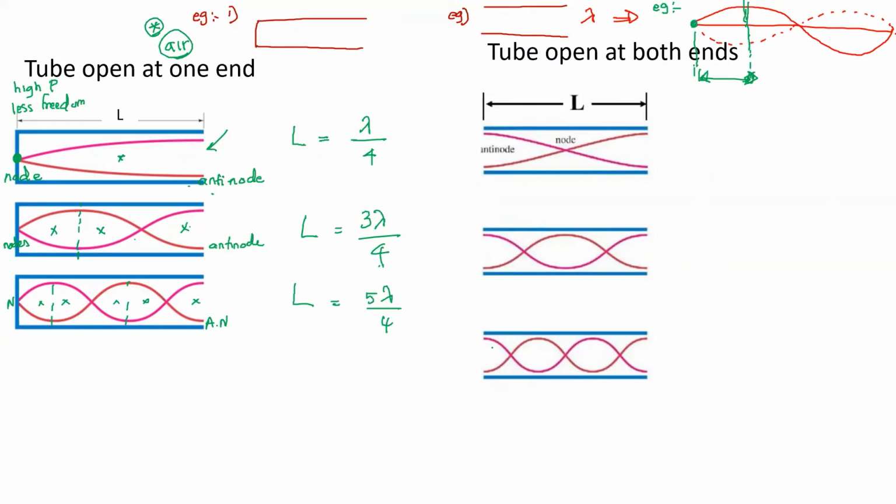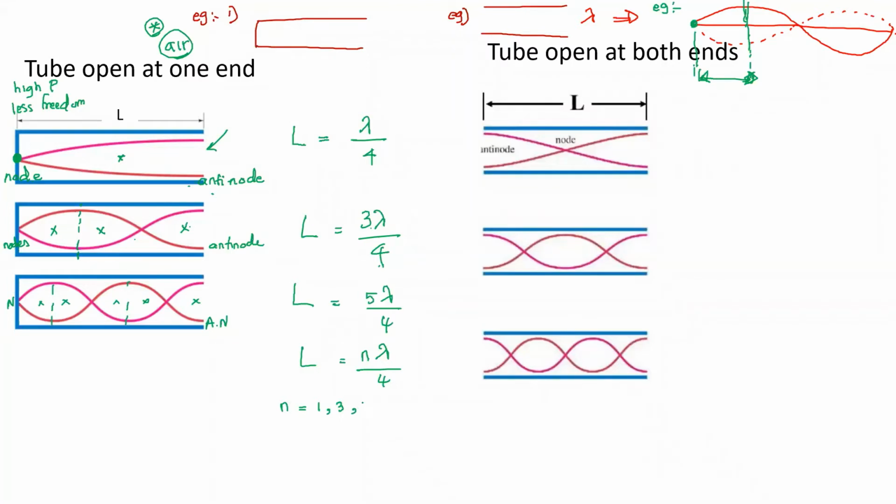Okay. So if I write a common equation for this one, it is going to be L equals n lambda over 4. That is what's varying, right? In this one we had 1, this one 3, this one 5. But the thing is, n is only varying like this. It cannot have any number.